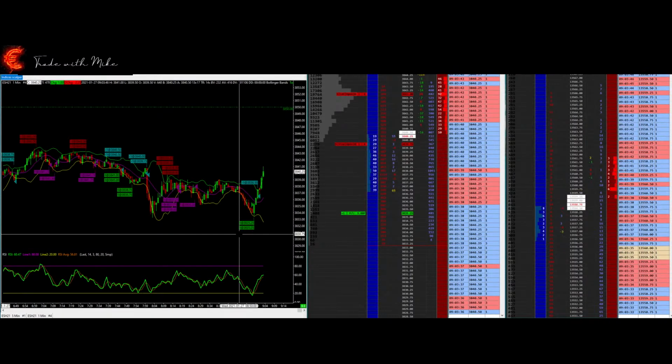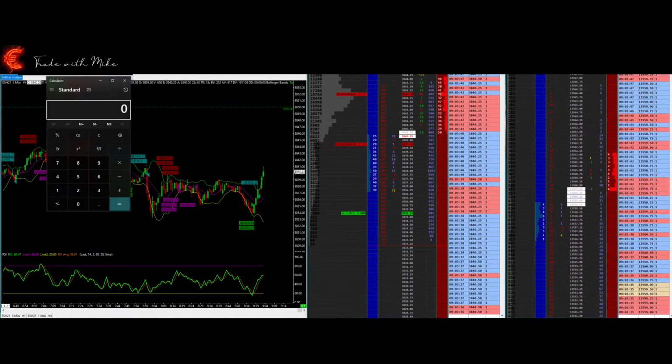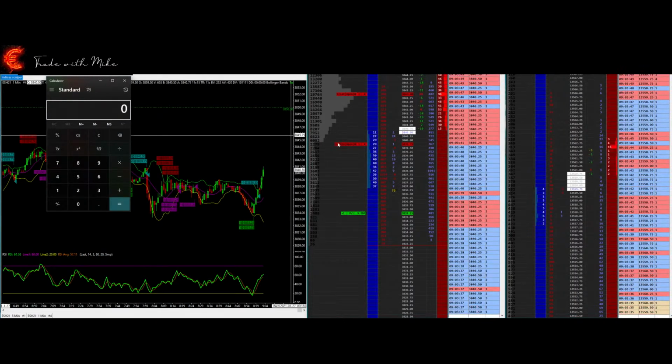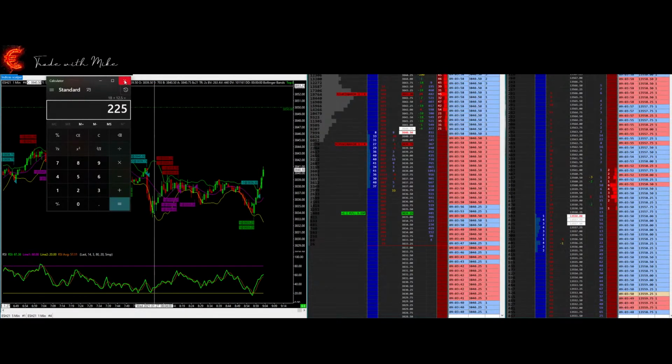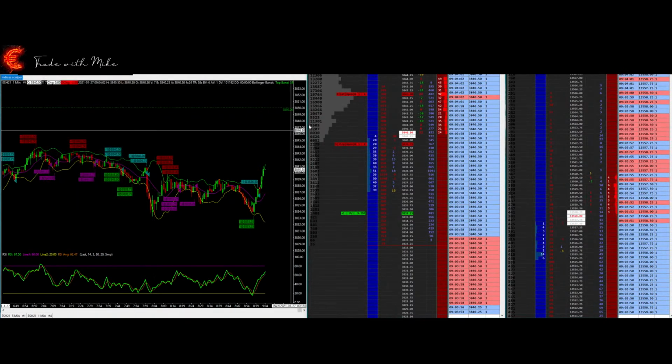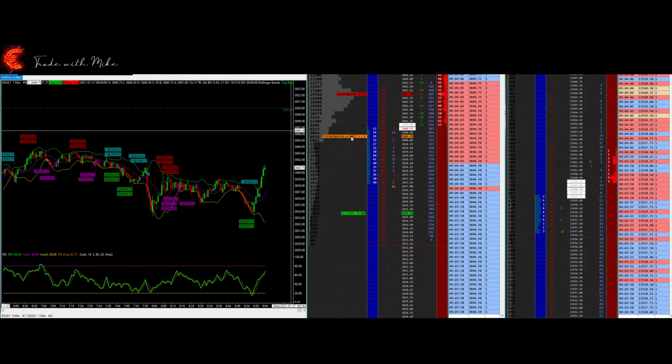And just to show, 18 ticks multiplied by 12.50 per tick, that's $225 minus the commission. That's like 221.20, something around that. Boom, another $25 added to my take profit.